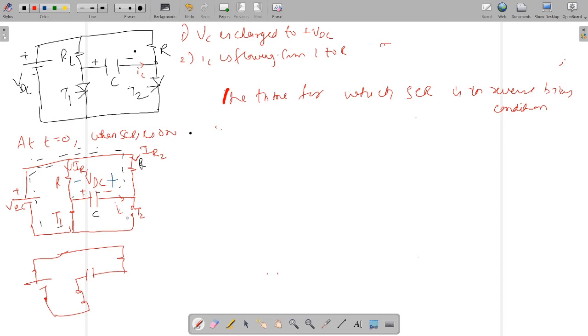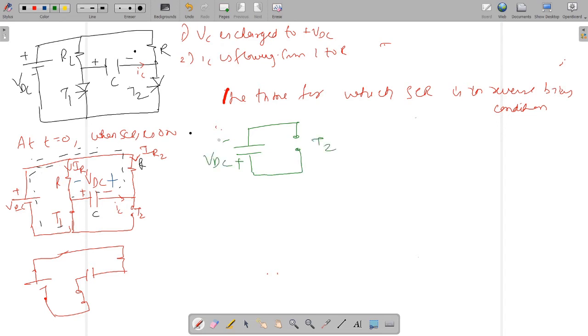In this case, which SCR will be in reverse bias? Because you have made T1 on, the entire voltage will be coming across your T2, so T2 will be in the reverse bias state. This voltage is coming across your T2, and initially it was VDC.